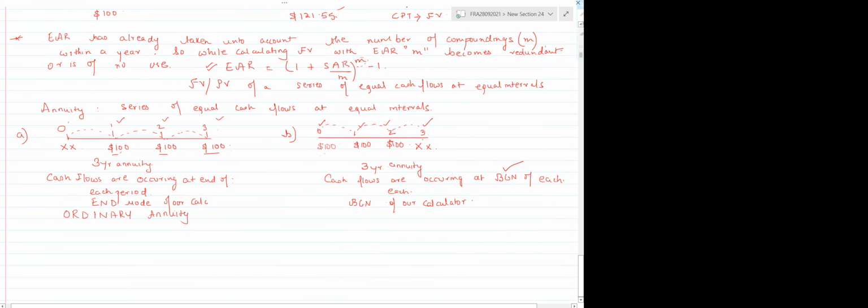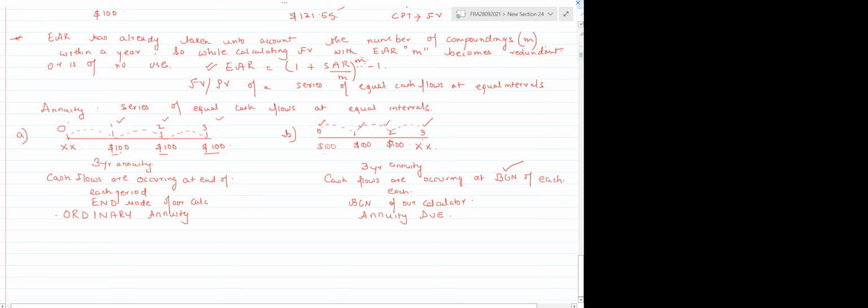And when cash flows occur at the beginning of each period, we call it annuity due.